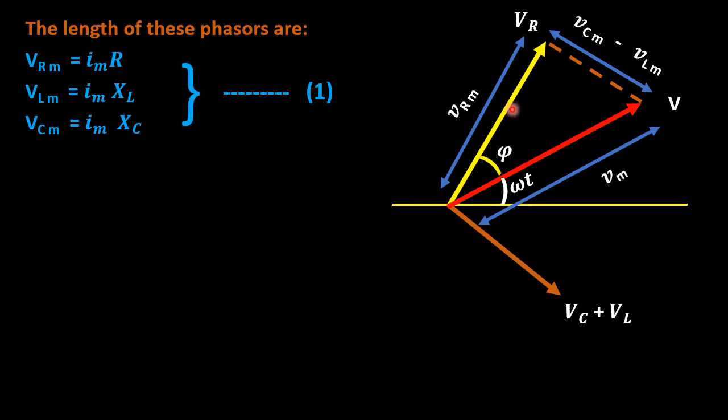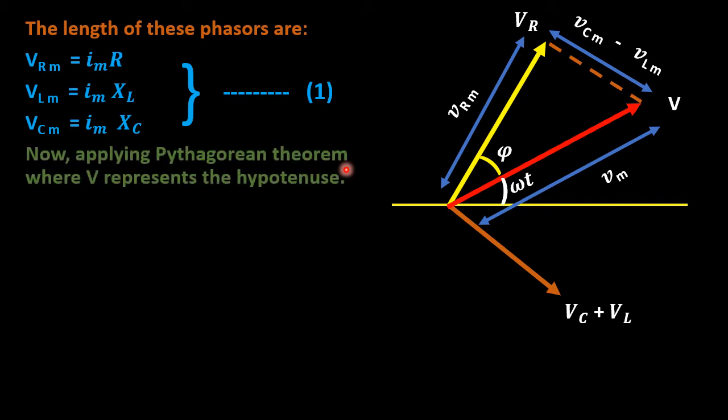Now if we look carefully in this figure, it is a right angle triangle. Here it is angle 90 degree, and this is the hypotenuse of the triangle. Then we use the Pythagorean theorem: hypotenuse square equals perpendicular square plus base square.